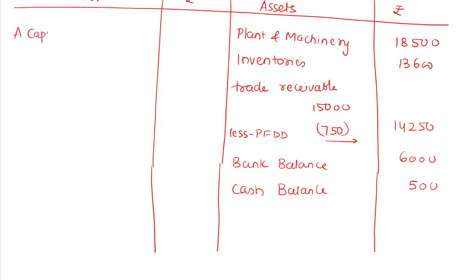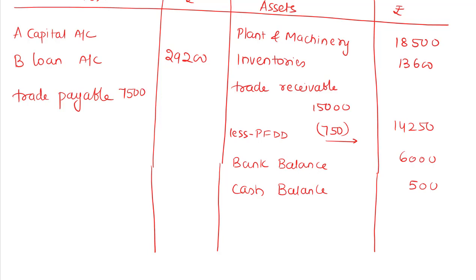A's capital account, B's loan account 29,200, trade payable 7,500, less reserve 2%, 150, so 7,350.